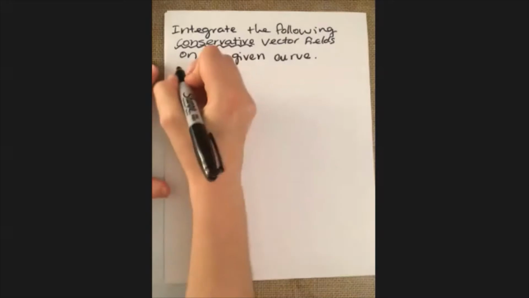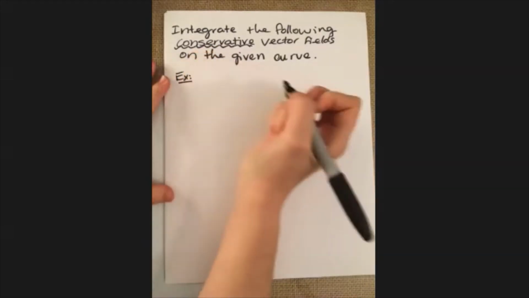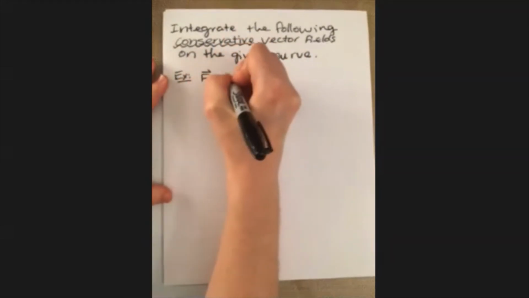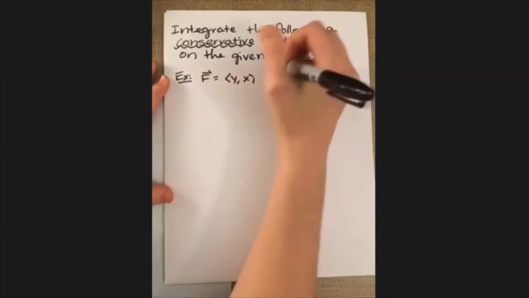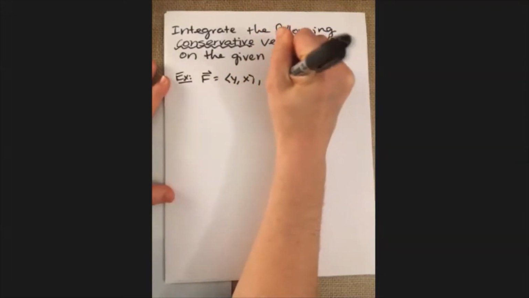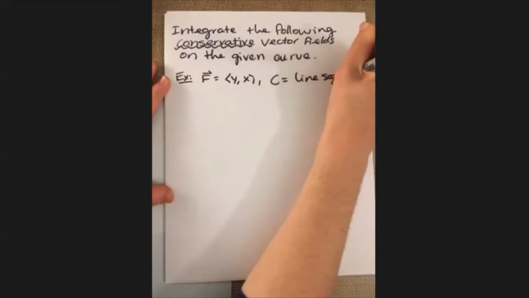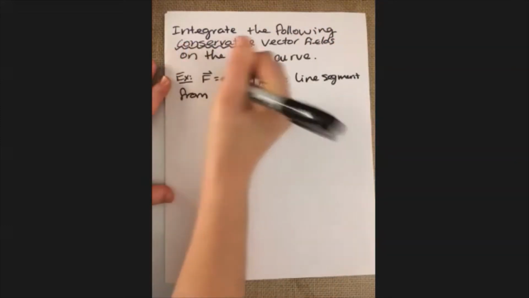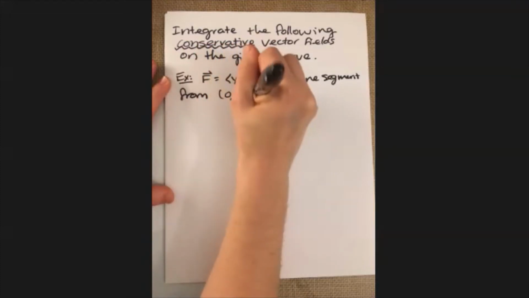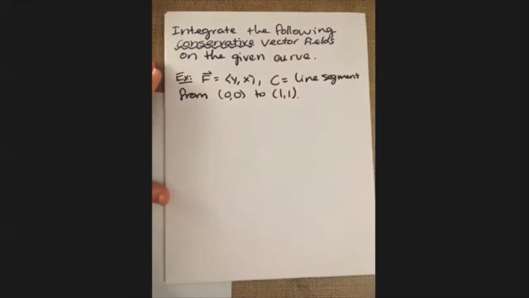So first example, we are going to take our vector field to be equal to yx, and our curve will be a line segment from 0, 0 to 1, 1. Okay.